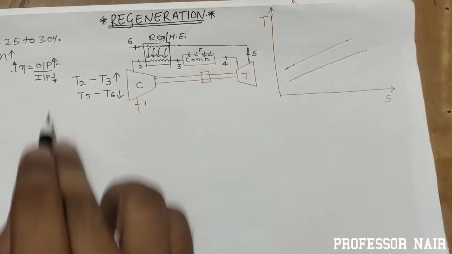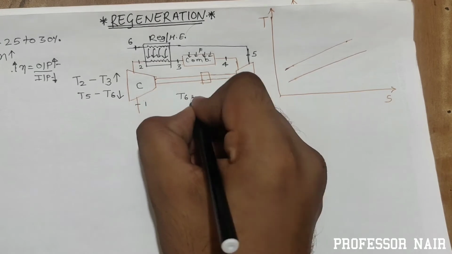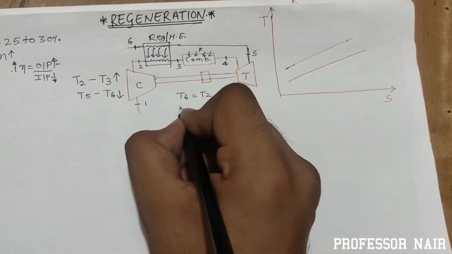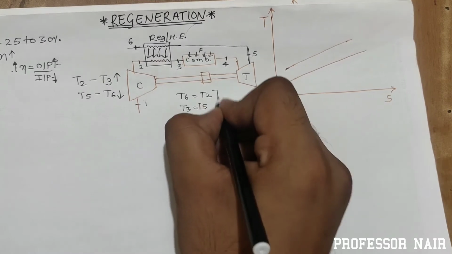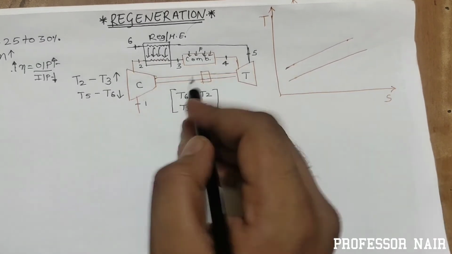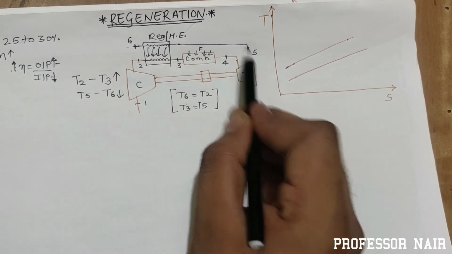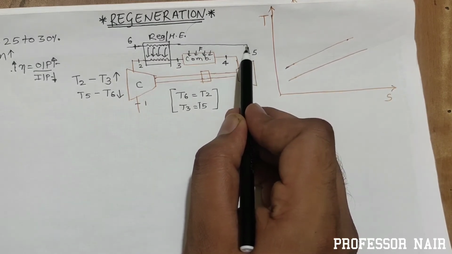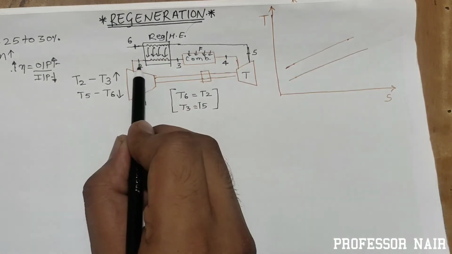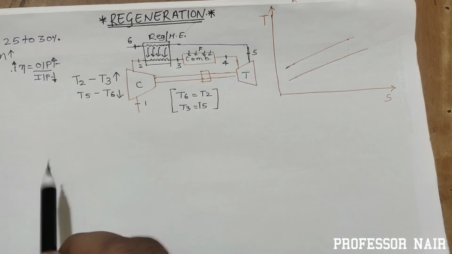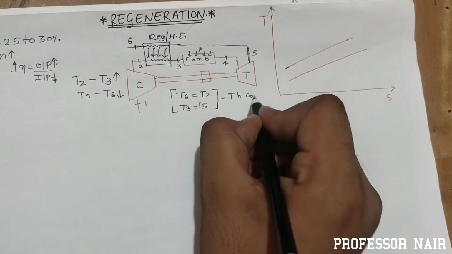So theoretically speaking, your T6 should be equal to T2 or T3 should be equal to T5. The temperature going inside the combustor should be equal to the temperature leaving the turbine, or the temperature going into the atmosphere would be equal to the temperature after the compressor. This would be your theoretical condition, dear students.